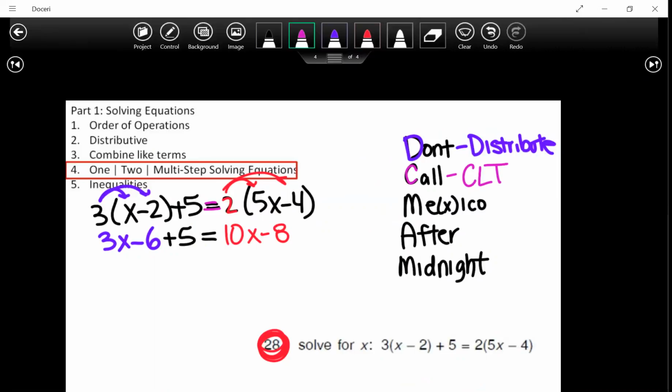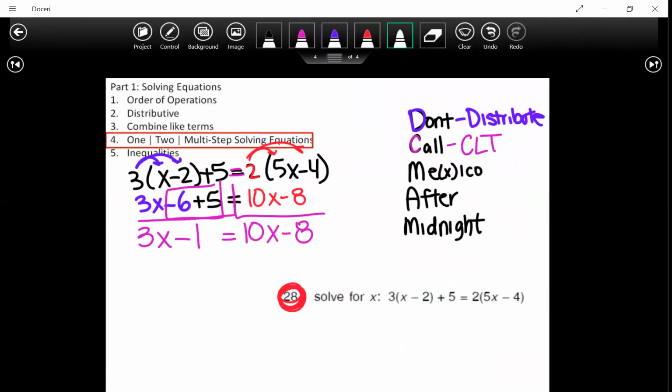So in this case, I have this side I want to take care of and this side I want to take care of. The left side, I have this -6 and the 5 that are like terms. So 3x minus 1 is equal to 10x minus 8. Can't be reduced because they are not like terms. So we leave it there. I'm going to go and erase this a little bit just so we can see it.